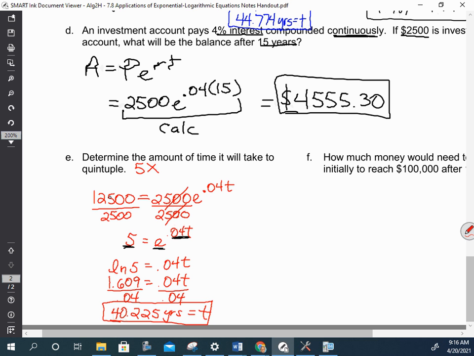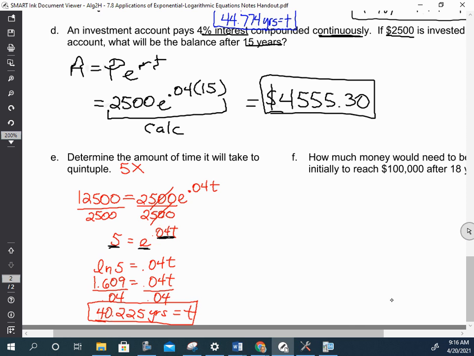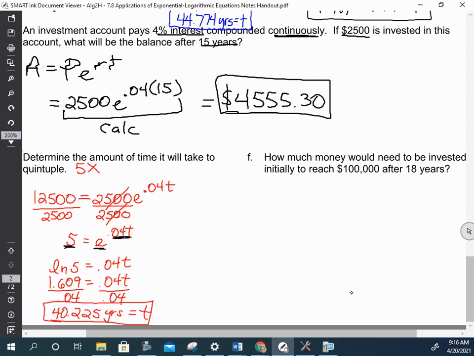Doesn't really seem like that much, but you save yourself 4 years. That's how long it'll take. Any questions, part E? So again, a lot of this is letting the calculator do the work. Hopefully for those of you in here, it's a lot better than staring at the screen.